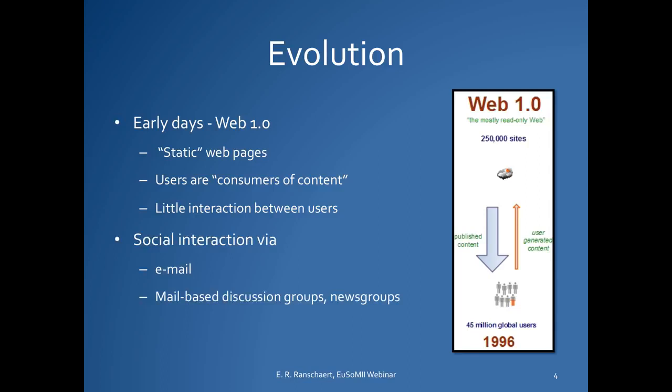The social interaction in that period took place via email or mail-based discussion groups and newsgroups. So for users, it was kind of difficult to create online content themselves, and the number of contributors was much smaller than the number of contributors that we have now.